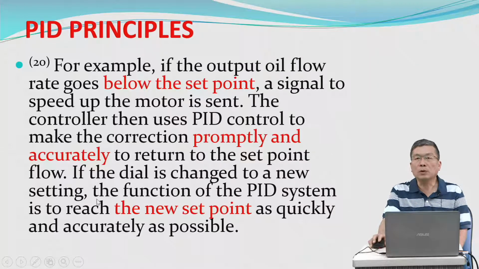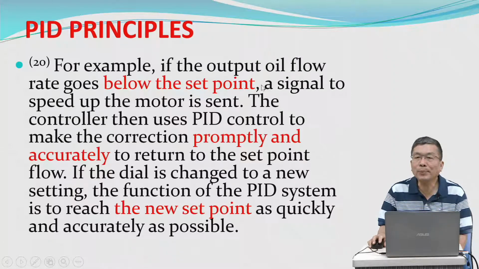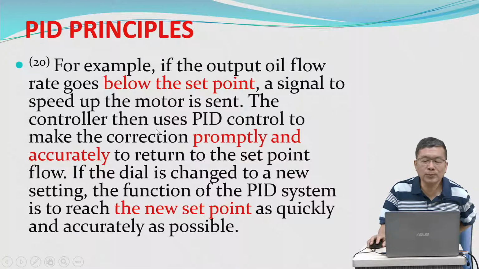For example, if the output oil flow rate goes below the set point, a signal to speed up the motor is sent. The controller then uses PID control to make the correction promptly and accurately to return to the set point flow.